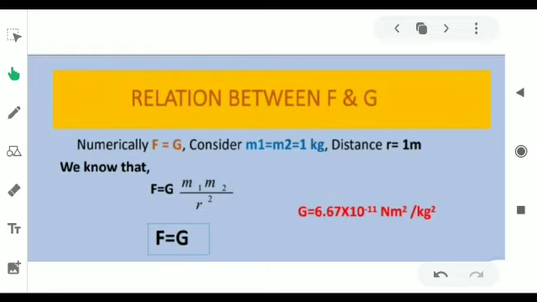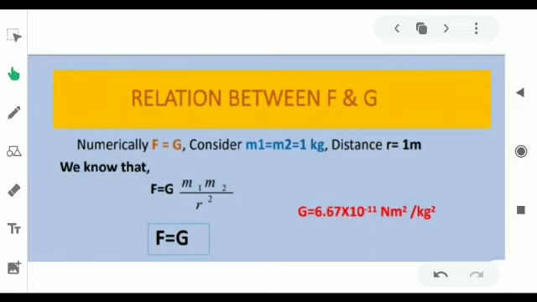So, what are you getting from this equation? Here we can see that the power is 10 raised to minus 11, right? Which means the force is extremely small, right? Yes.